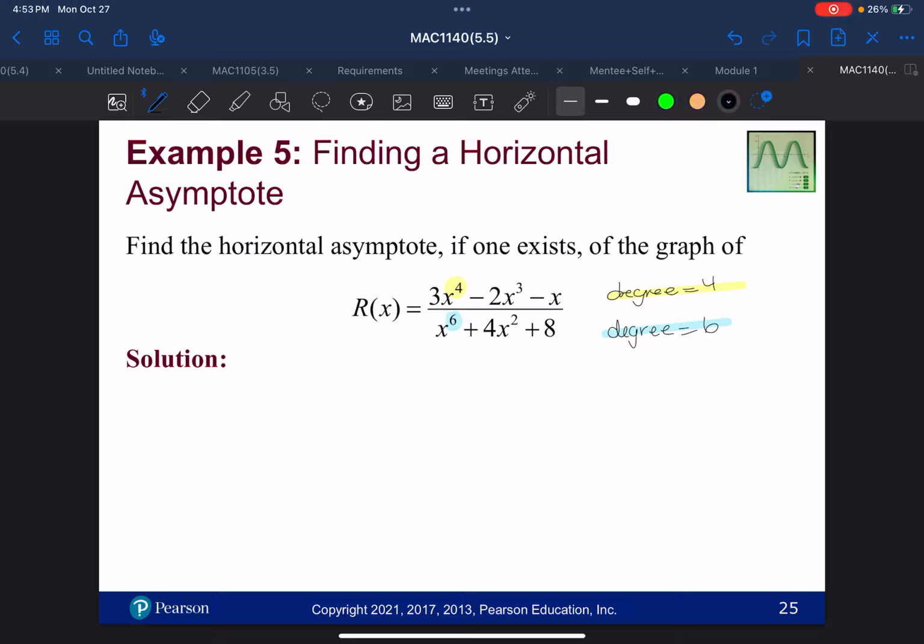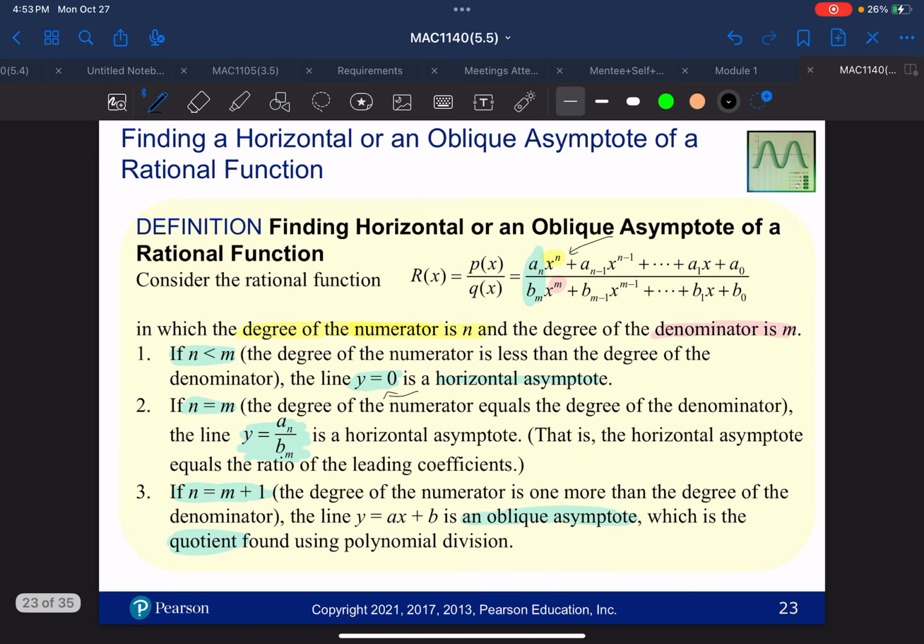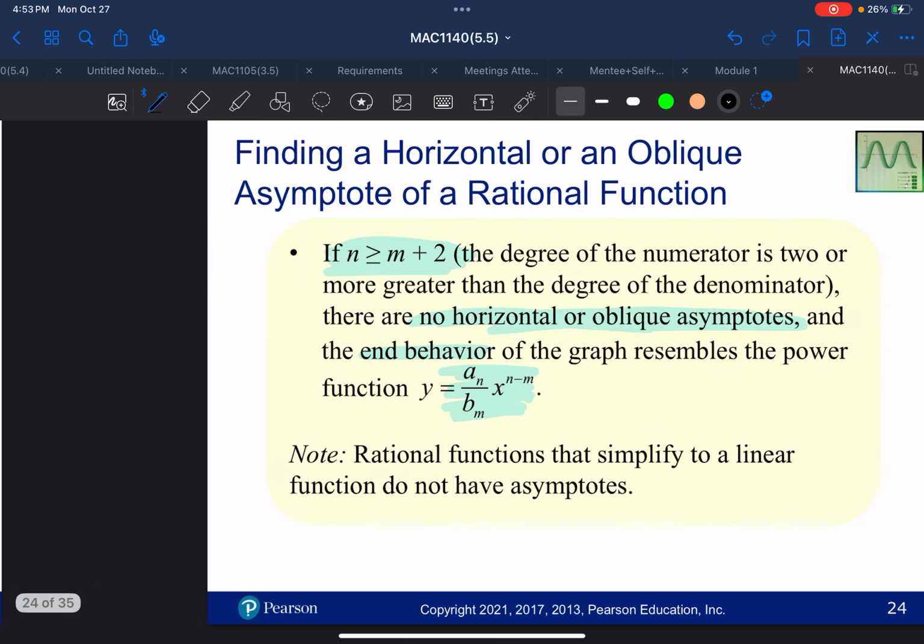Based on our rules, the degree of the numerator is less than the degree of the denominator. 4 is less than 6. So if we go back to our rules, that is going to be the first case. The top is less than the bottom degree.